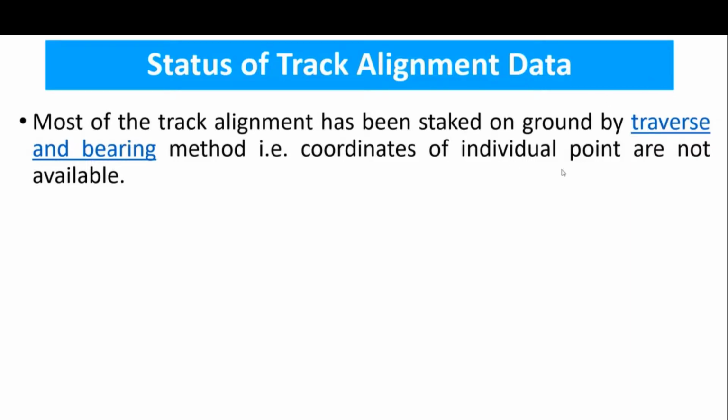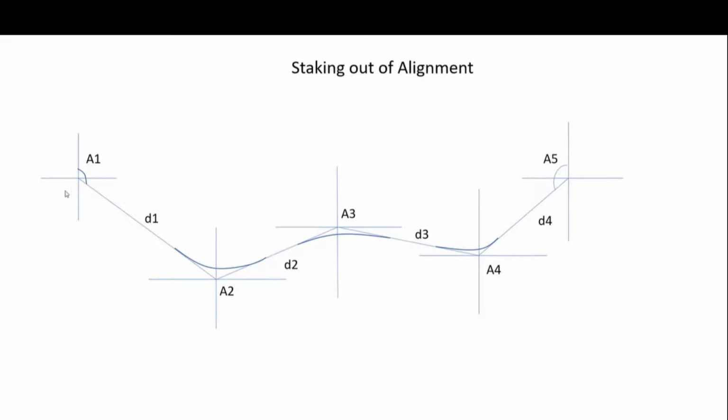We have laid our curves like this. Starting from A, we measure the angle, then the distance, then again measure the angle and then the distance, and then the curve is also laid by angle and distance measurement like this.